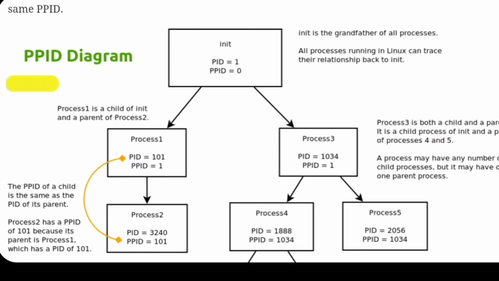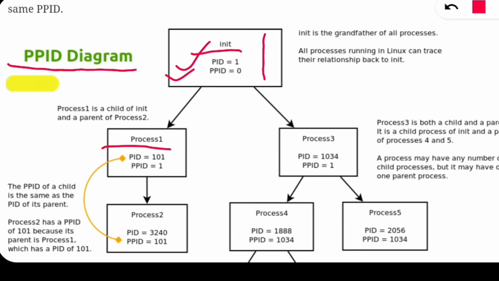Now let's discuss this PPID diagram. In the initial state, PID equals 1, PPID equals 0. PPID means parent process ID and PID is process ID. For the first process, in the initial state the process ID is 1 and there is no parent process, so the PPID is given as 0.